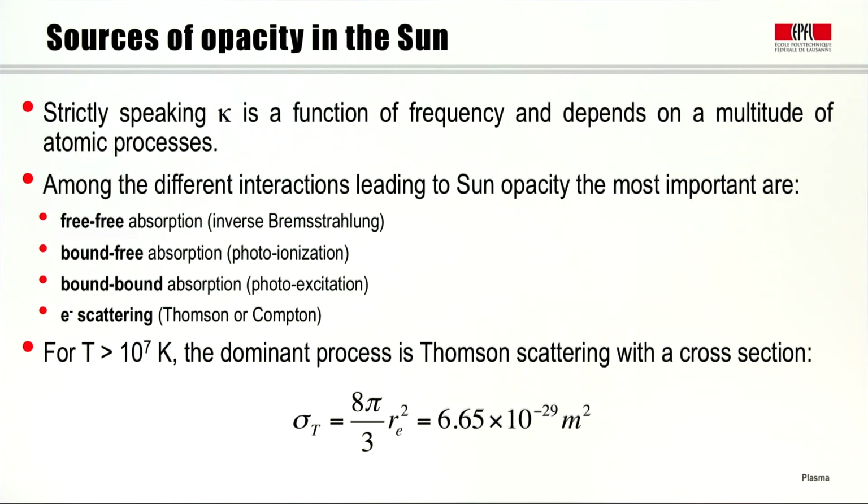However, for temperatures larger than 10 million degrees, the dominant process is Thomson scattering, the scattering that photons undergo over free electrons in the plasma.